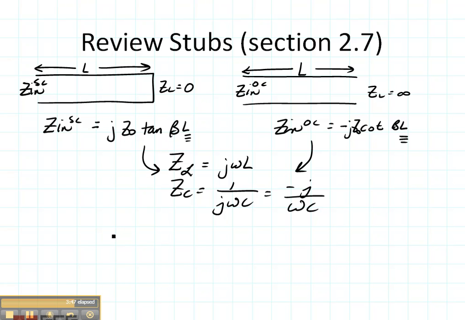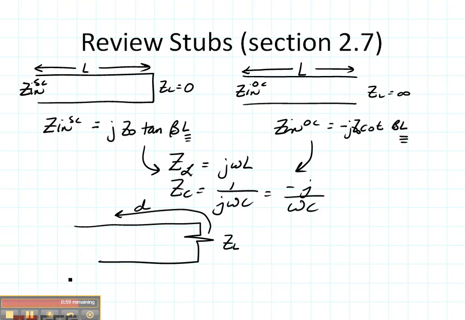Now, in the case of stub matching networks, what we're going to be doing is taking our load, ZL, and then the first thing that we're going to do is rotate a distance d to fix the real part. And the real part that we want is 1. So right here at point A, we want ZA to equal 1 plus j something.